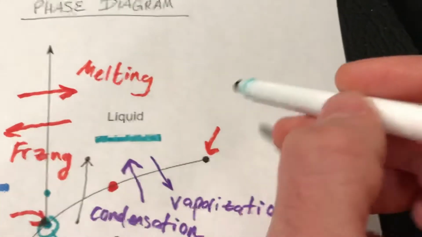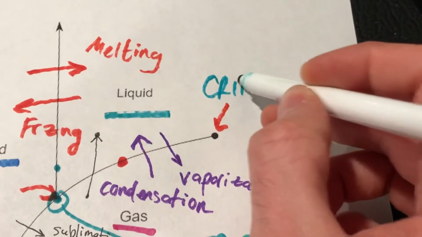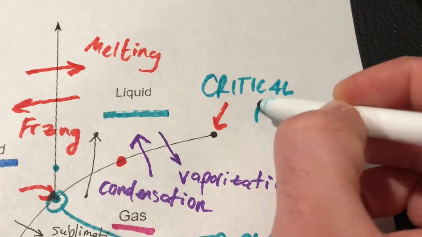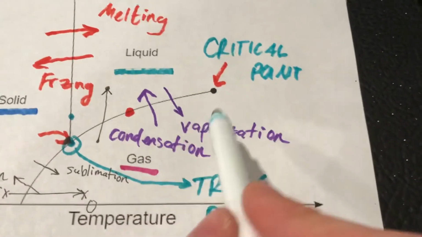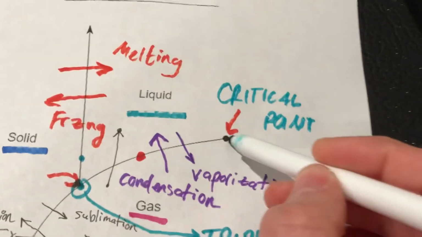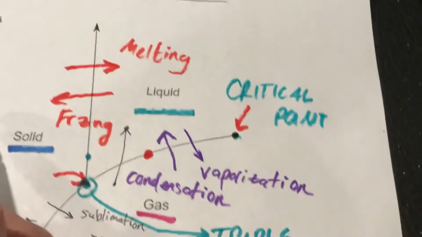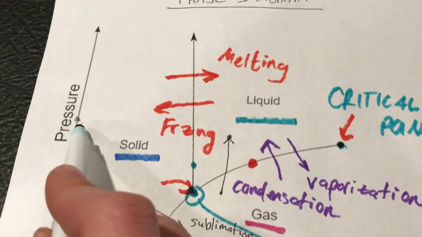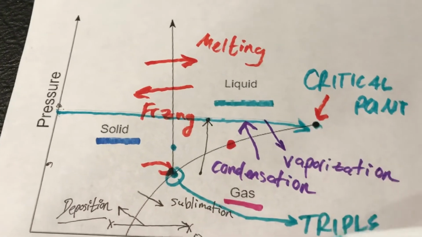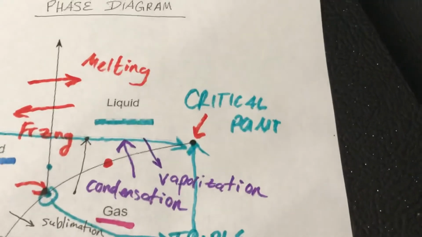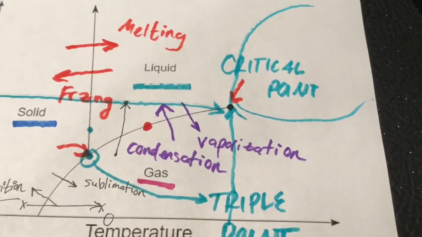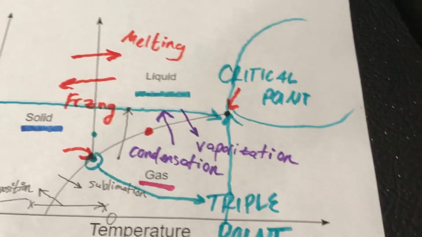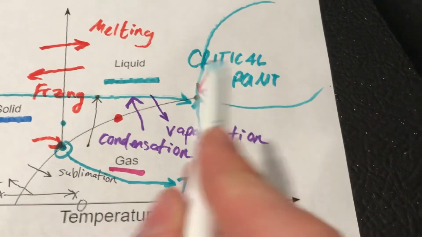There's also this point, which is actually called the critical point. You'll only see it between the liquid and gas phase. This is basically a point in which if you have that pressure, so whatever pressure this would be, and that temperature, anything like above here is pretty much in a liquid gas phase all by itself.